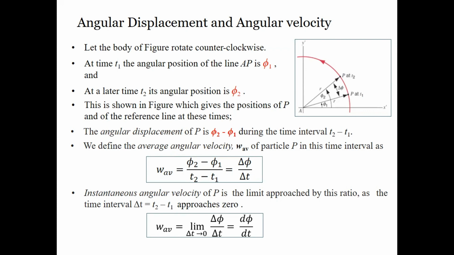In that limit, delta phi over delta t is defined as the instantaneous angular velocity, and it is said to be the first derivative, because in calculus such a limit has a name: d phi over dt. This is the first derivative of phi, the angle, with respect to time. So if the angle depends on time, its derivative is the instantaneous angular velocity.